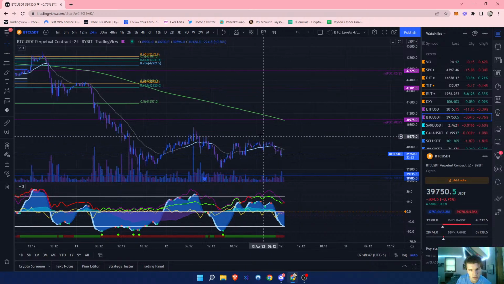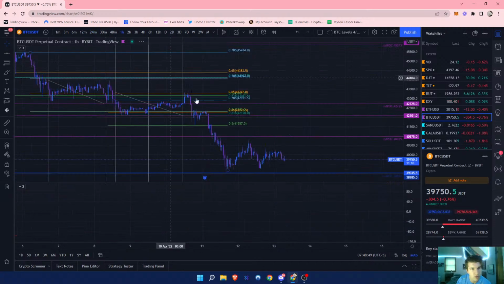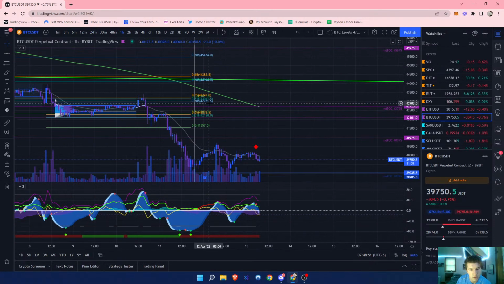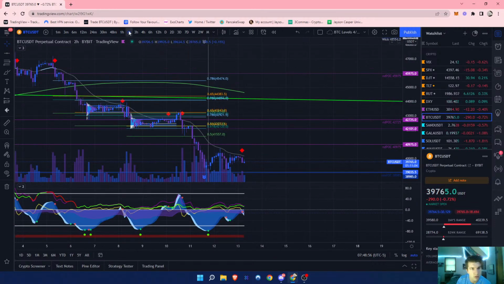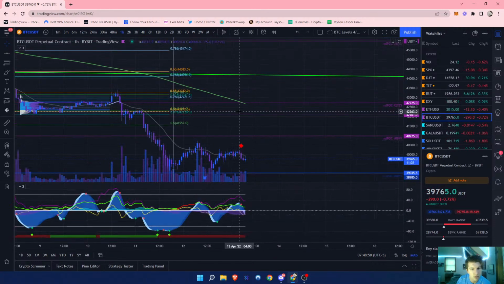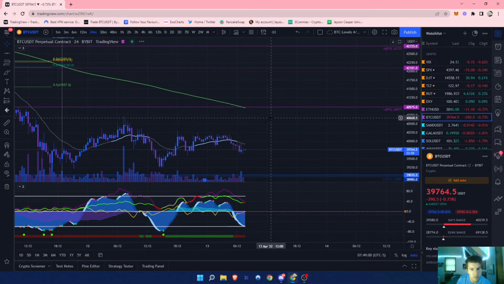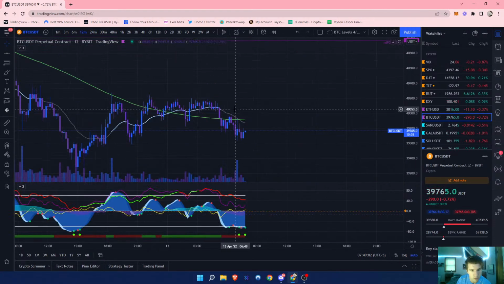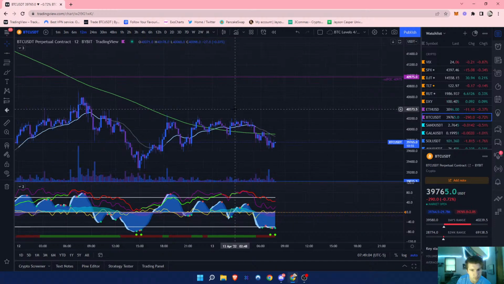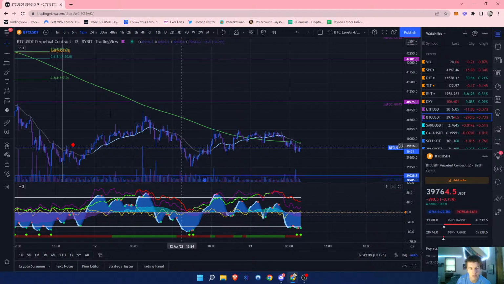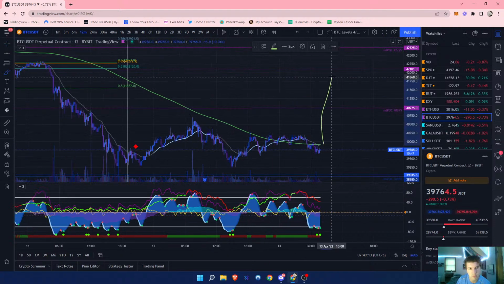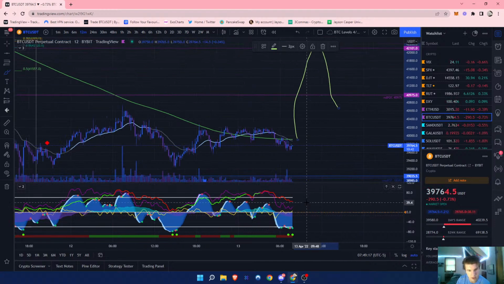And really what I'm looking for could be, here we go, yeah, a possible 12-minute divergence. So we'll have price coming up towards this level, and I plan on getting a rejection off of that.